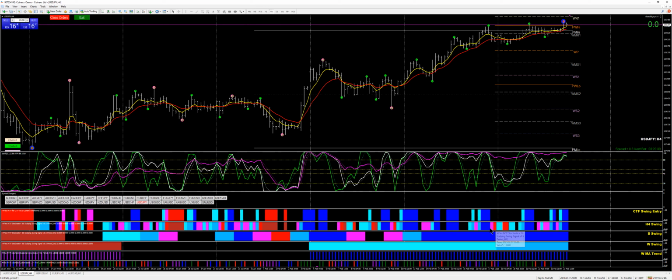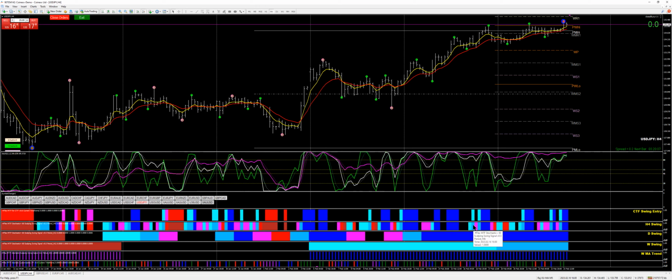This is telling you where the stochastics are on the current time frame, right? So the aqua means that both the midterm and the current term are turning up. Okay, and it's below 50 when they turn up. One of them is below 50, or both of them are below 50.